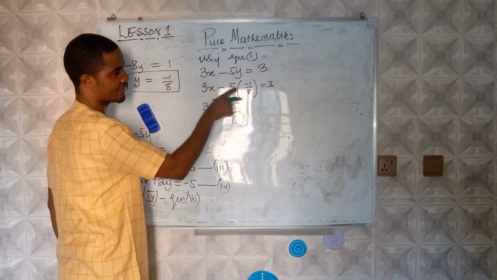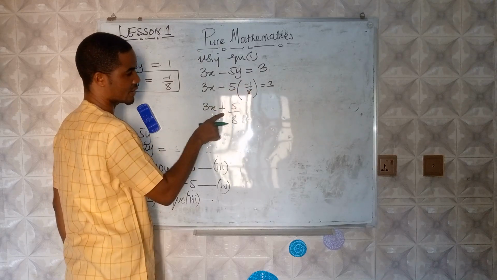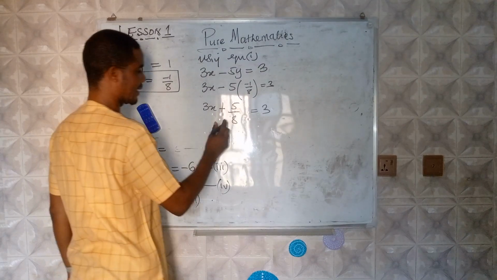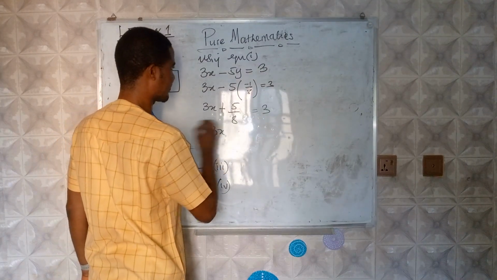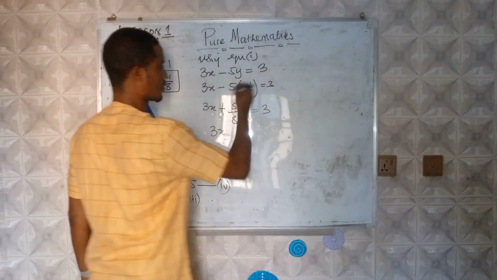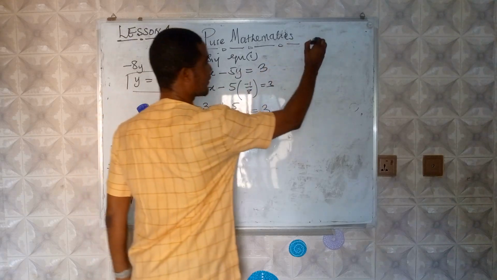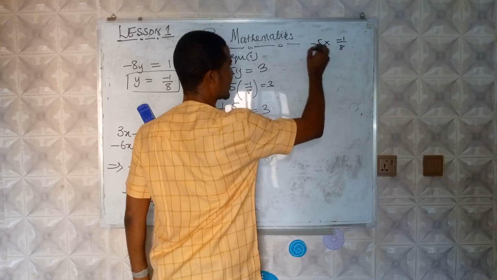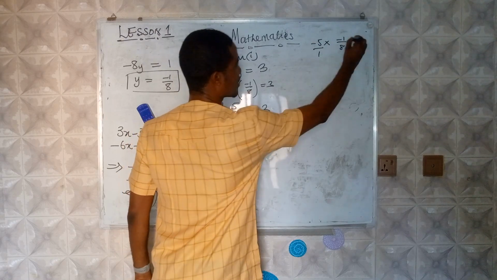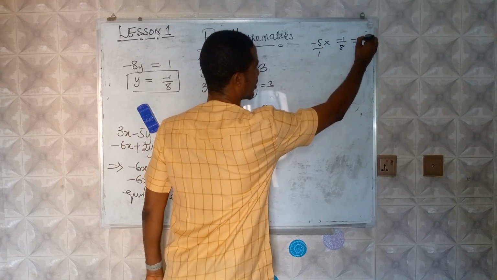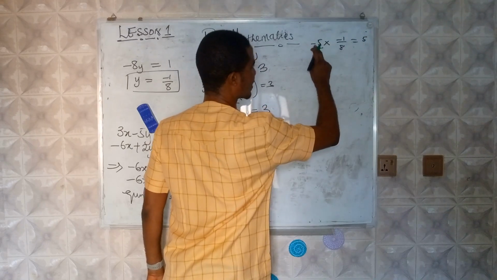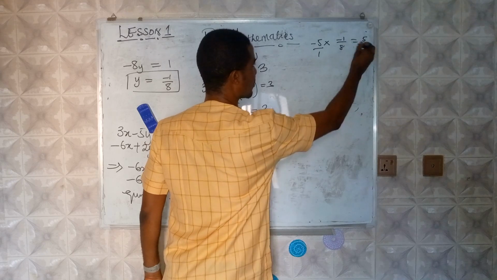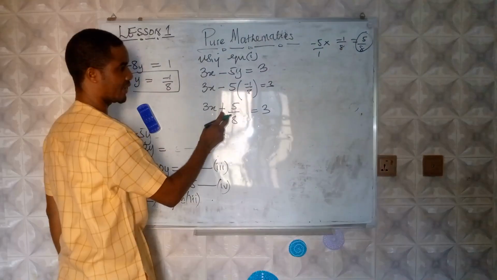Because -5 times -1 will give us plus 5/8 equals to 3. Remember that we are going to be having 3x. Some people, if you are finding it difficult here, we have that -5 times -1/8. This times this will give me 5, -5 times -1 will give me 5, plus 5/8 times 1, 8. And that is what we have here.